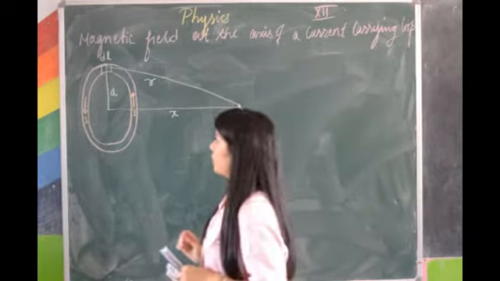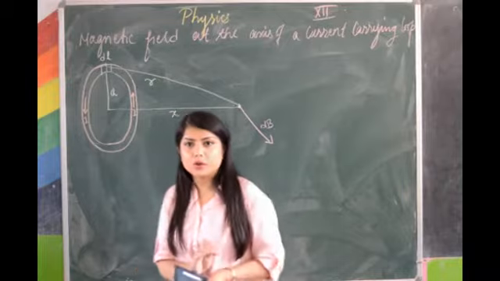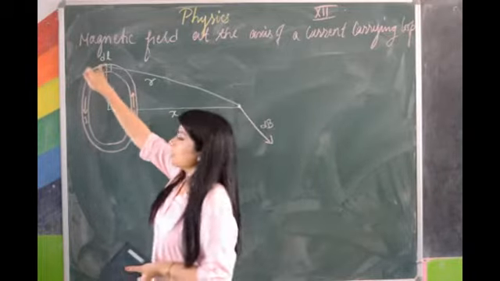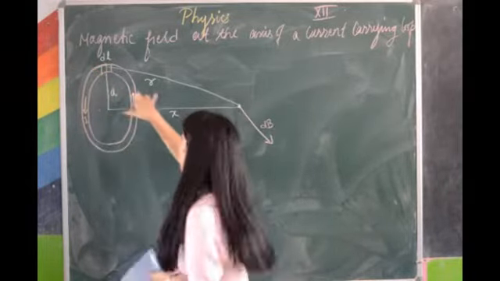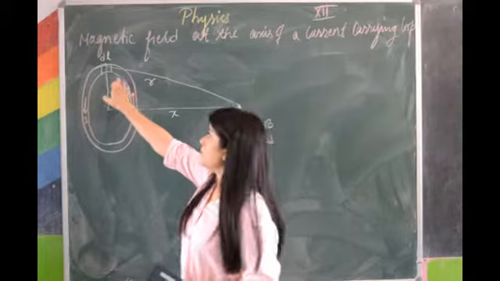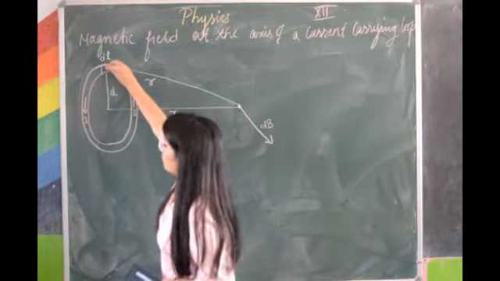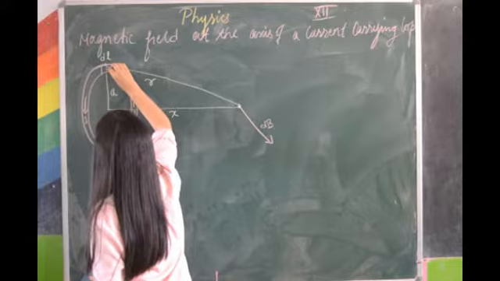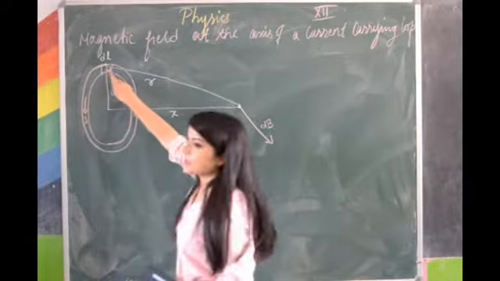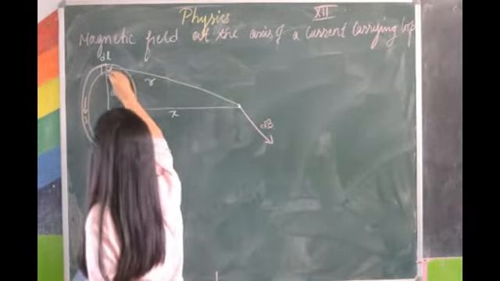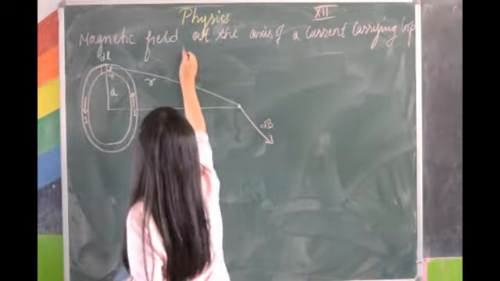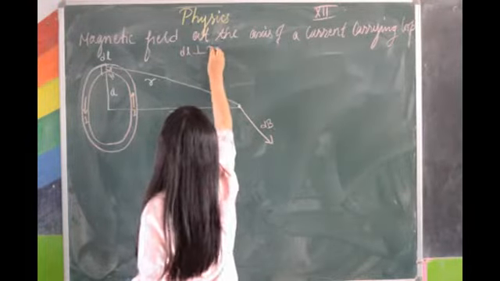One thing you need to remember is what we have discussed before: your current element dl and r, the distance between the current element and the point where the magnetic field is found, is perpendicular. This is 90 degrees always. So your dl is perpendicular to r.